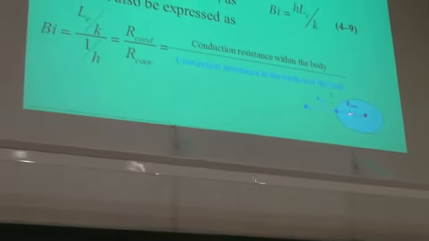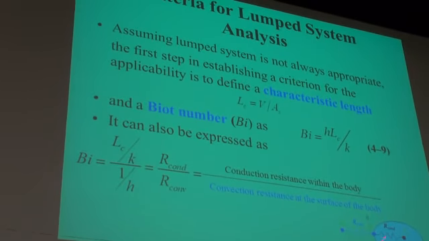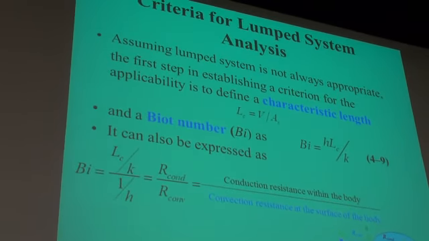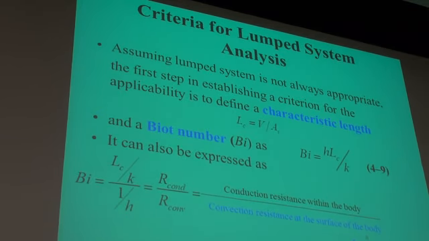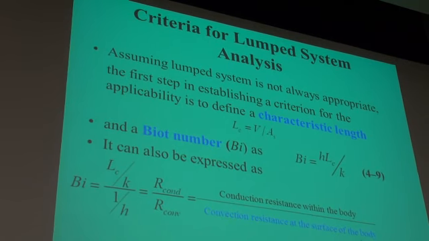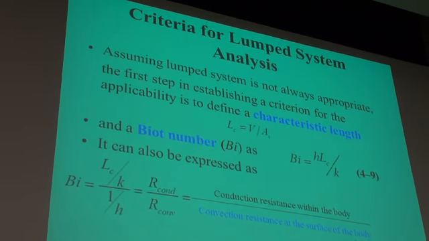If we look at that body, then we see that there are two resistances. There's the conduction resistance on the inside, and there's the convection resistance on the outside. The conduction resistance on the inside is a function of L divided by the thermal conductivity, and the convection resistance on the outside is a function of the heat transfer coefficient, 1 divided by h.